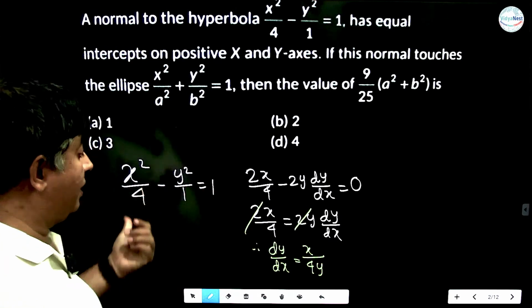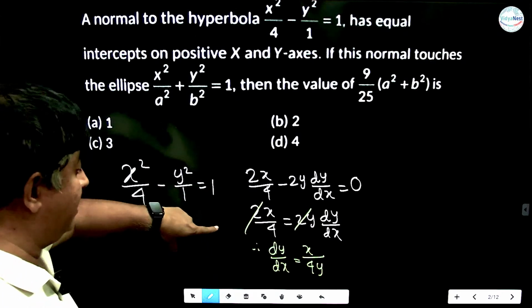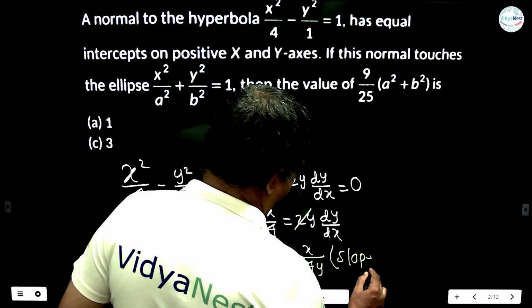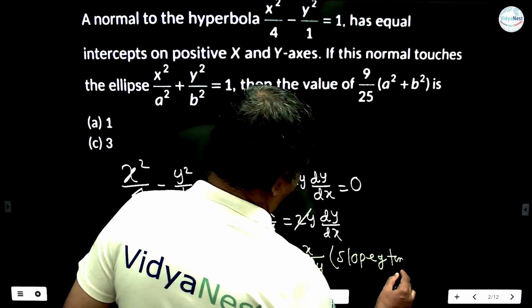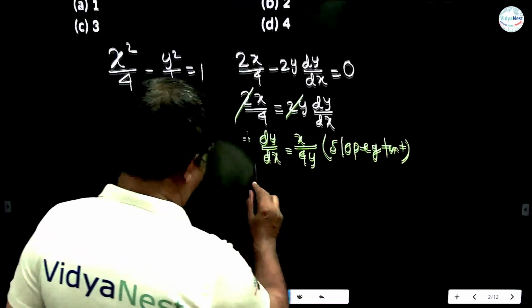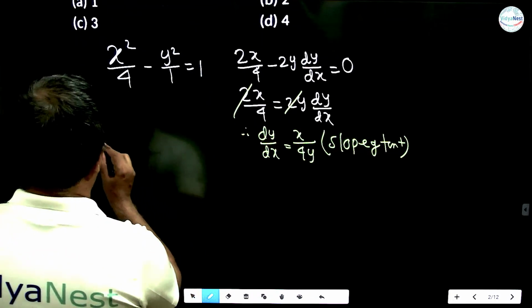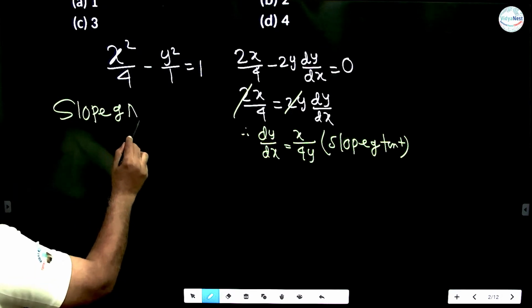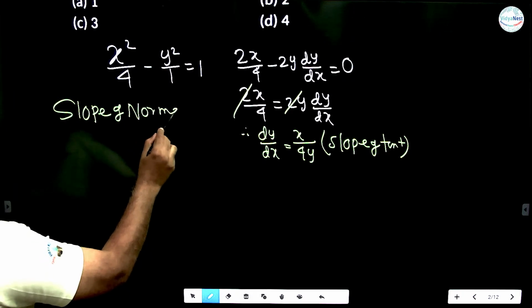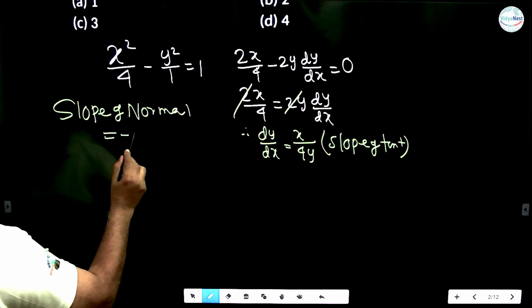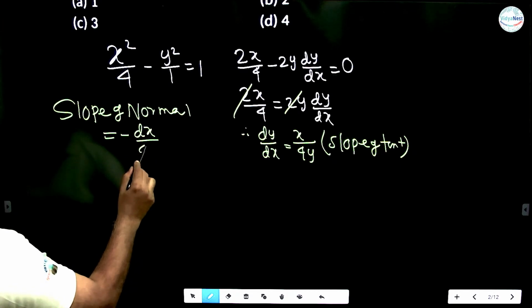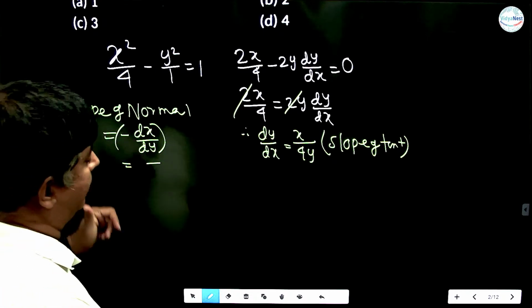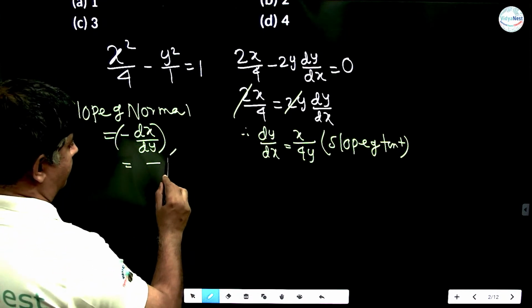Now we have to find the normal. So this is the slope of the tangent. Then the slope of the normal is minus dx/dy, that is minus 4y1 by x1.